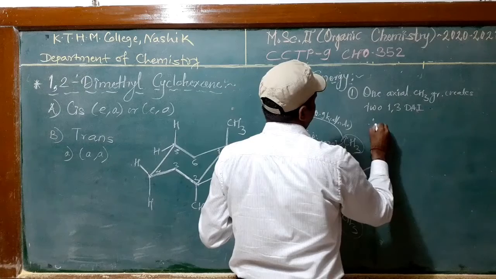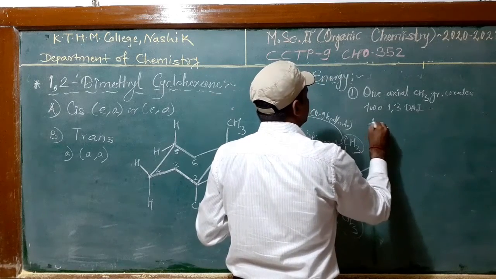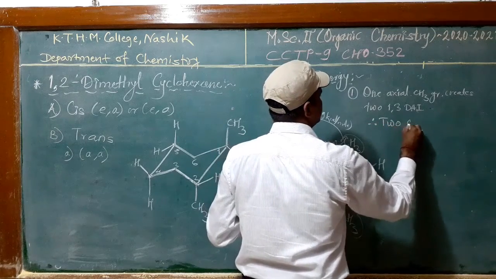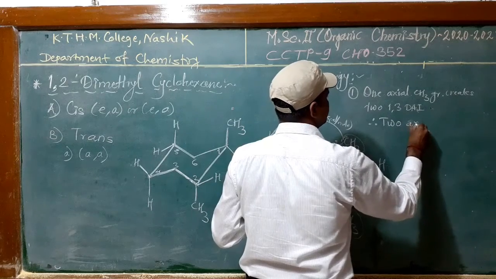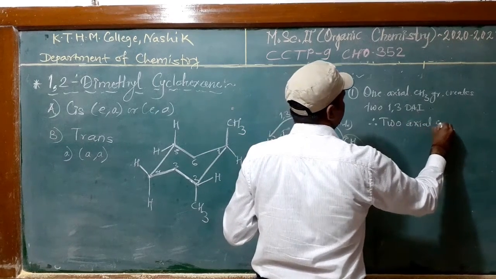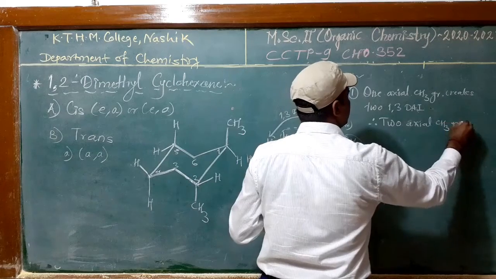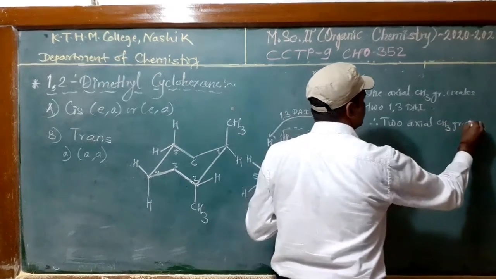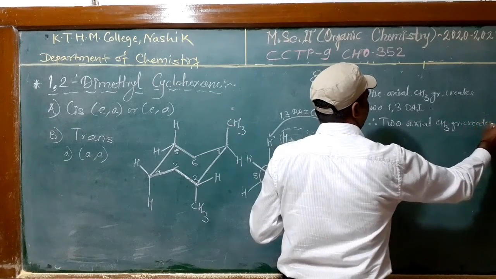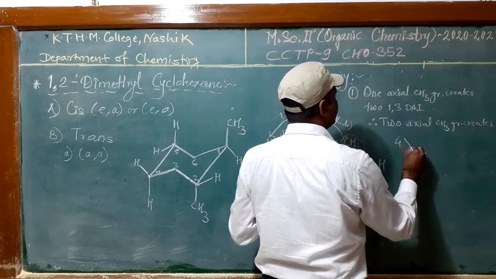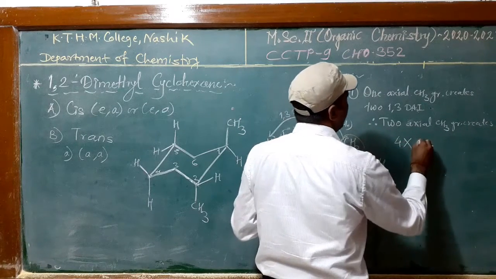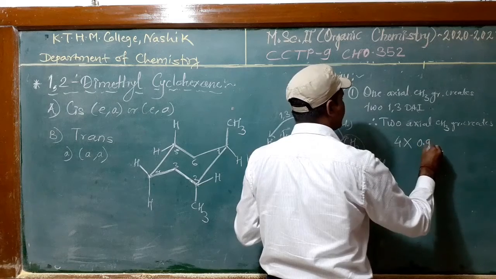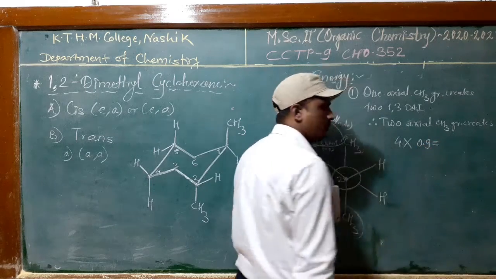Therefore, two axial CH3 groups obviously create four 1,3-diaxial interactions, and each 1,3-diaxial interaction energy is found to be 0.9.